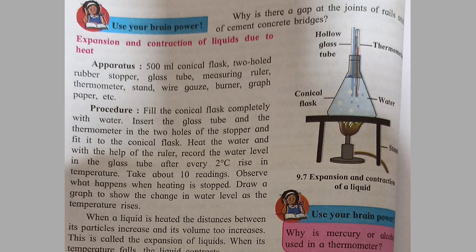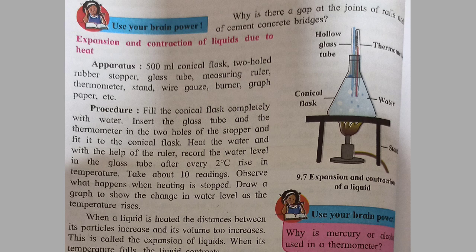This is called contraction of gas. Now see, when you heat it, the volume of the gas increases, and when you take it away from the hot water, the volume decreases. In this way, we have seen the expansion and contraction of gas due to heat.